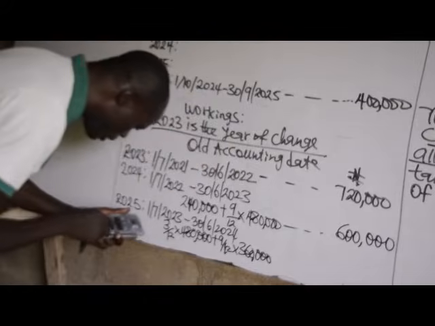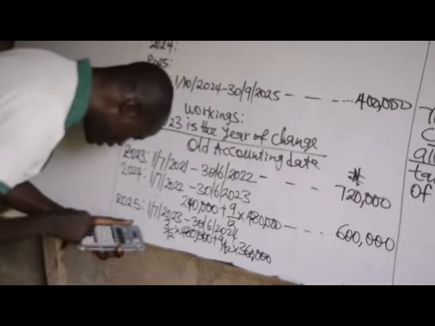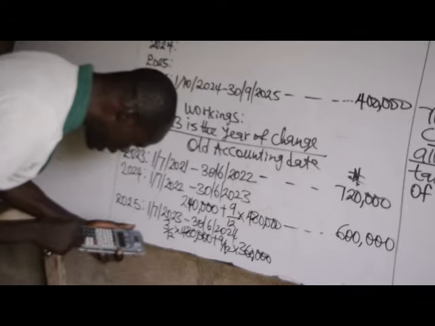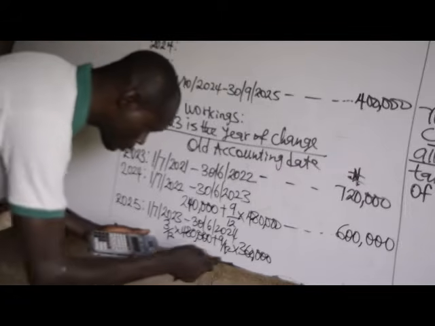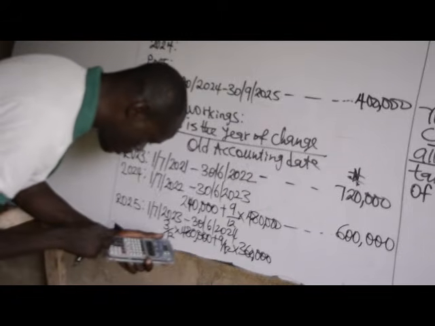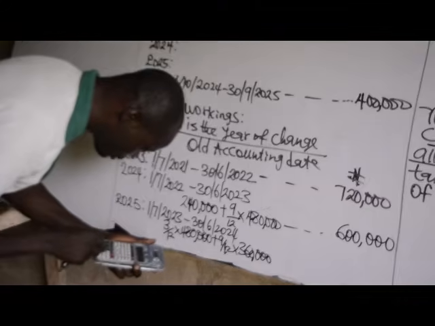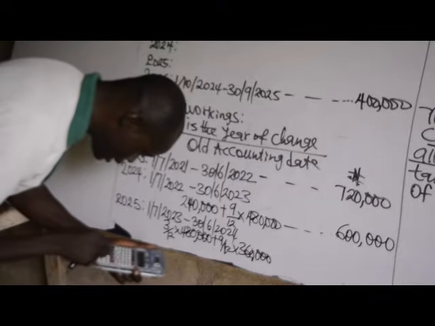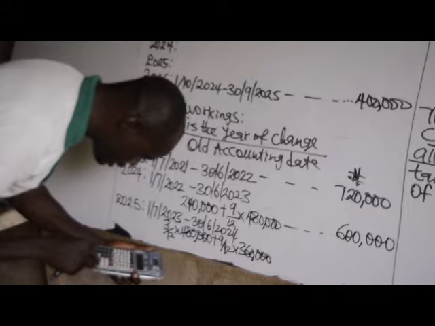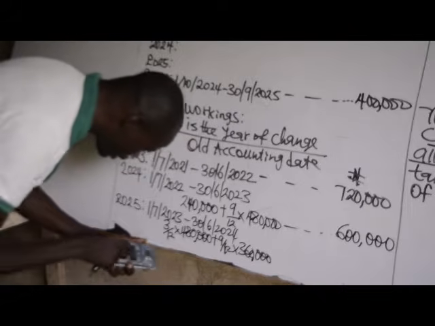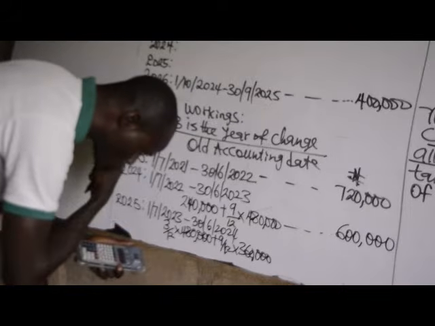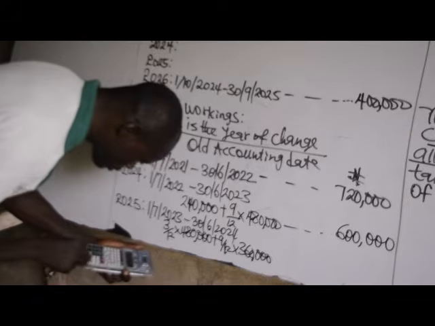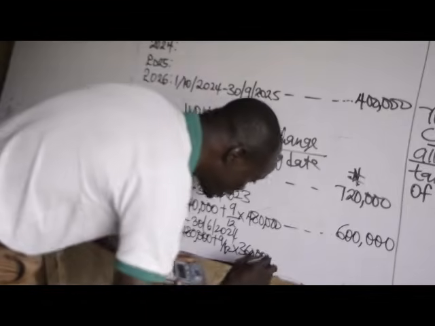If you calculate 3 months from the 480,000, 480,000 times 3 divided by 12, that gives us 120,000. Now let's calculate 9 months from 360,000. 360,000 times 9 divided by 12 gives us 270,000. 270,000 plus 120,000 gives us 390,000.